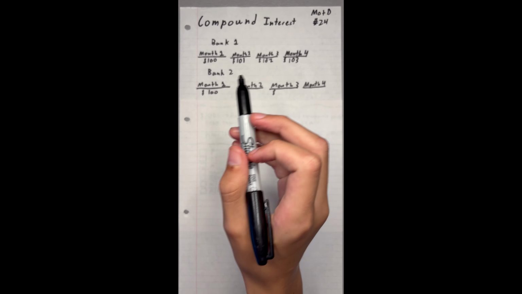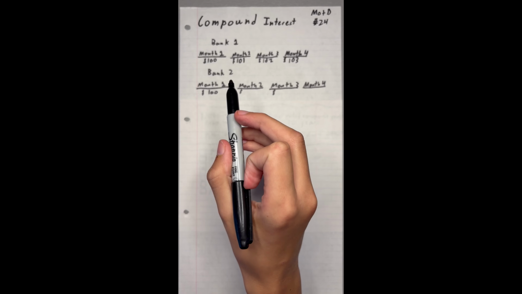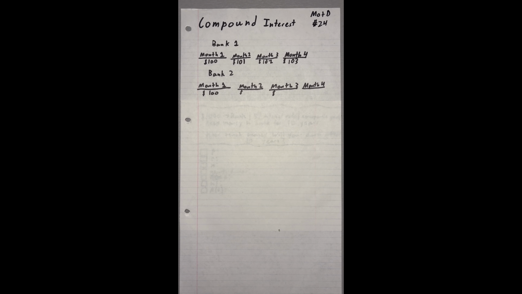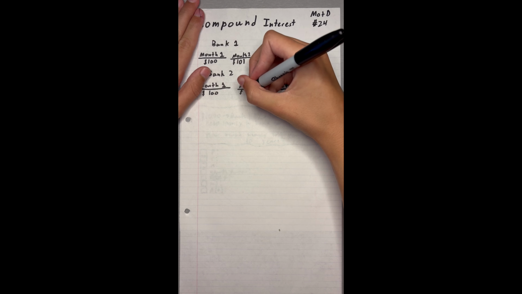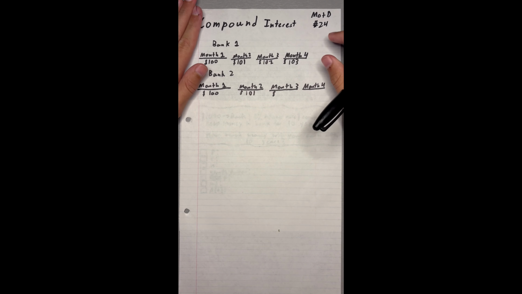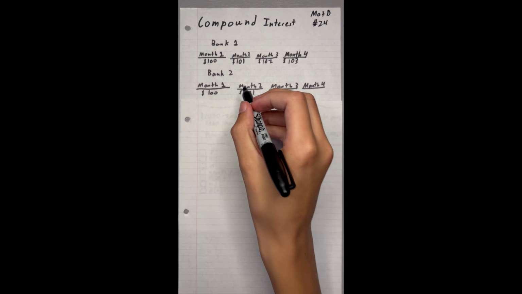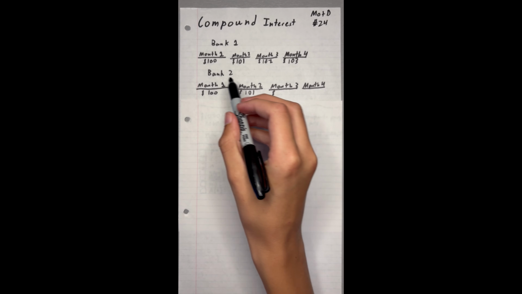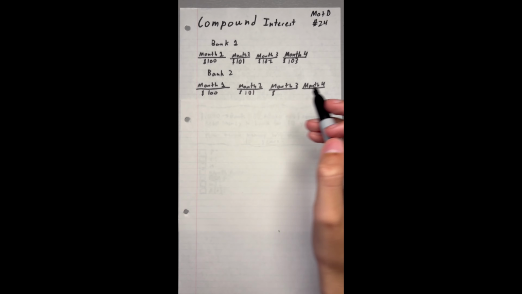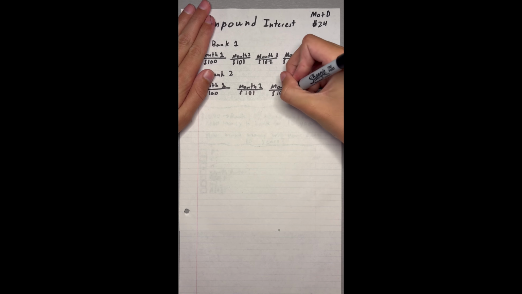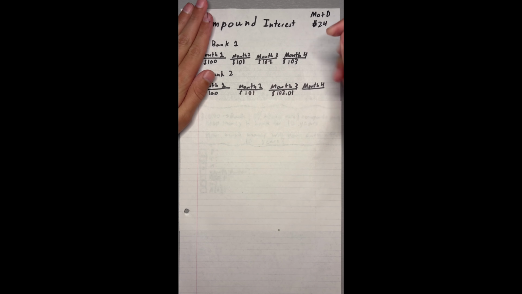Now, let's say you invest in a second bank and you put $100 into the bank. Every month you gain 1%, but that 1% compounds. Let me explain. For your second month, you will gain 1% of 100, so you'll have $101. On your third month, you'll gain 1% of 101 instead of 1% of 100, so you will then have $102.01.